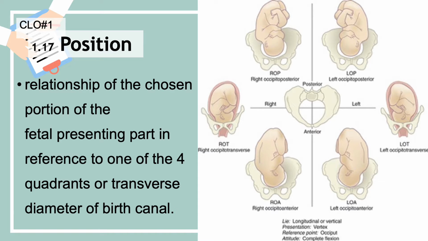We also have left occipito-anterior, left occipito-transverse, and left occipito-posterior. The most common in labor is actually the left occipito-anterior position, which is found on the picture on the lower right side. This is when the baby's head is slightly off-center in the pelvis, with the back of the head towards the mother's left thigh.